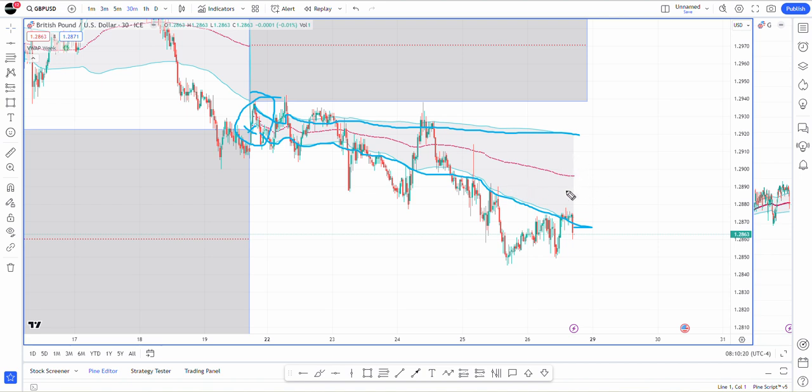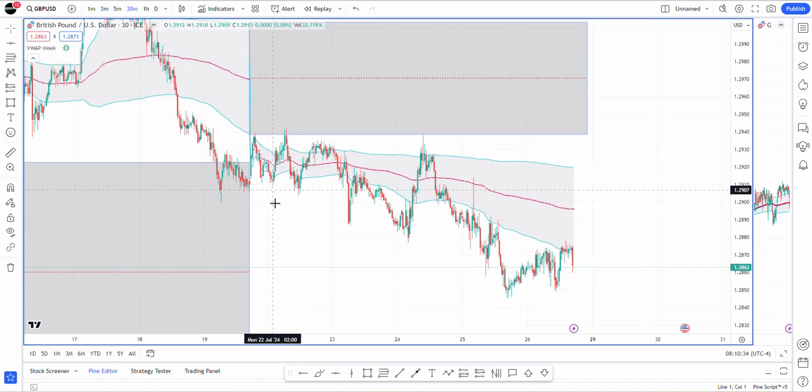I don't know what the measurement is or what the calculations are, but the blue line is one standard deviation of that. Let me delete all this quickly. And this is how I use it.